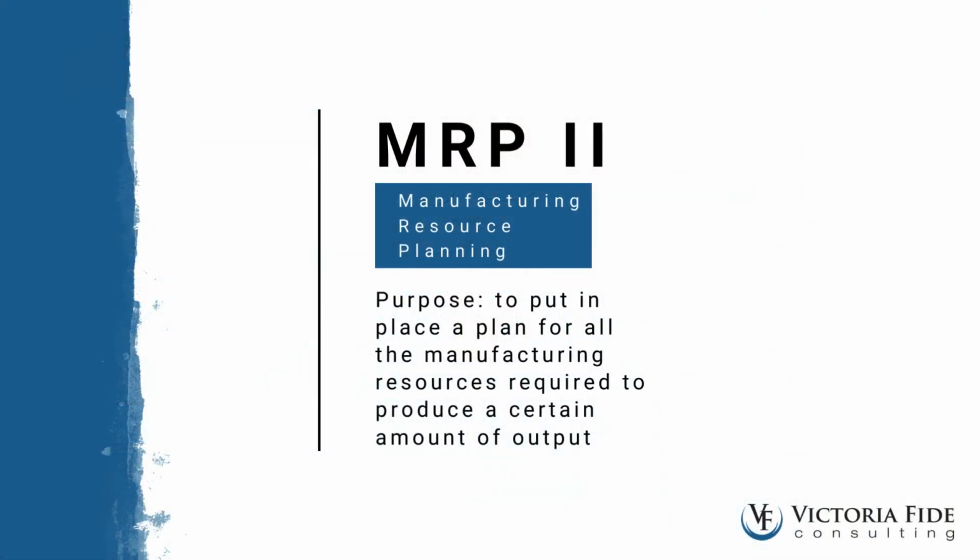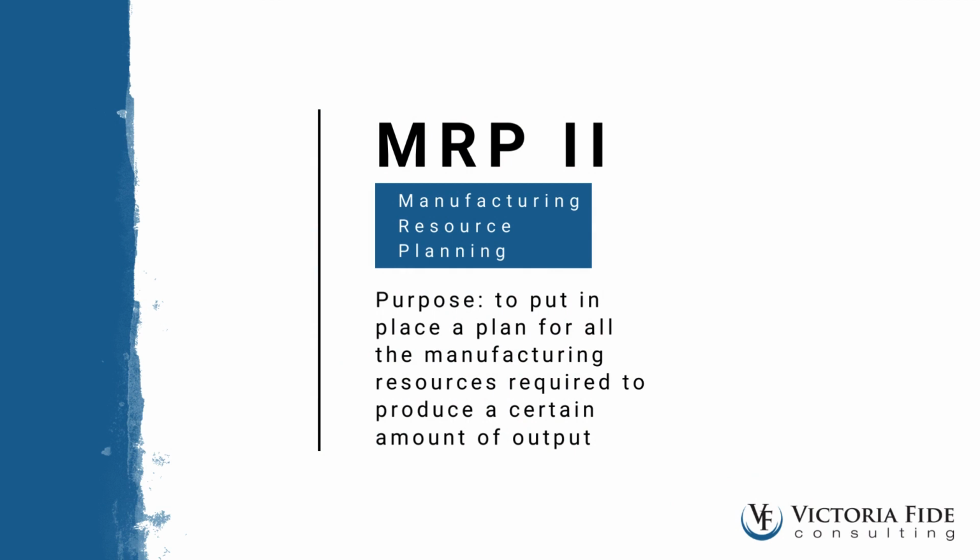Now, as companies became more sophisticated, they wanted to know not only what materials were required, but also the resources that would be required. Can we produce enough to fulfill these orders by a certain day, not only based on the material that's required, but also the manufacturing resources, which includes staff, work centers, machinery, etc.? So then that became known as MRP II, referring to manufacturing resource planning.